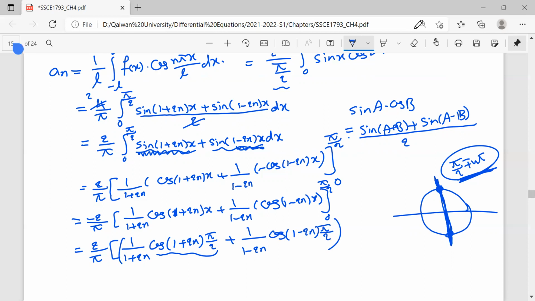Now we replace x by 0. Here we get cosine 0, which is 1, so we get 1 over 1 plus 2n. And here, cosine 0 is 1, so we get plus 1 over 1 minus 2n.